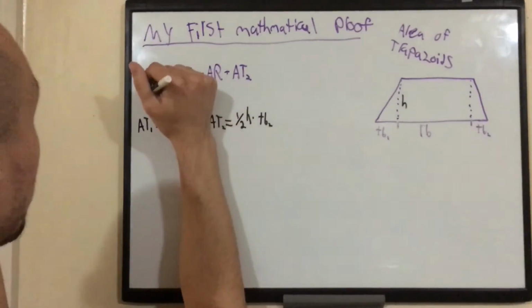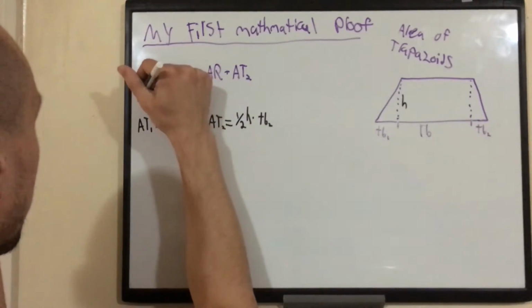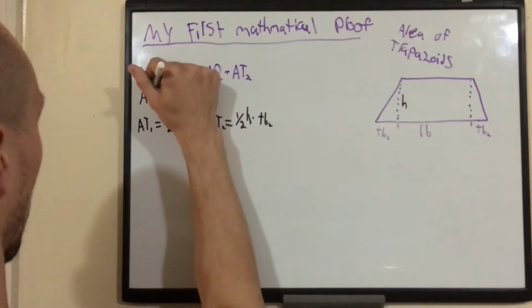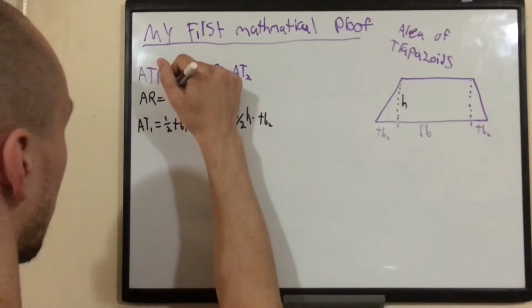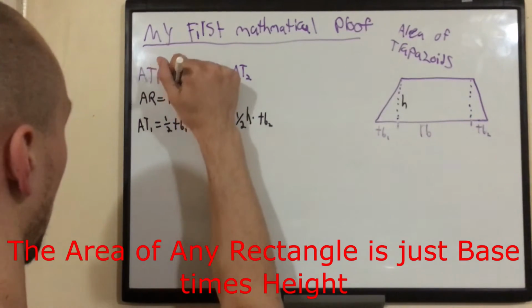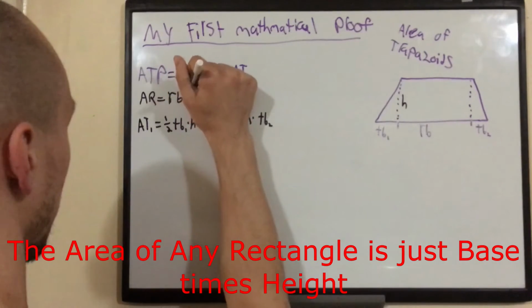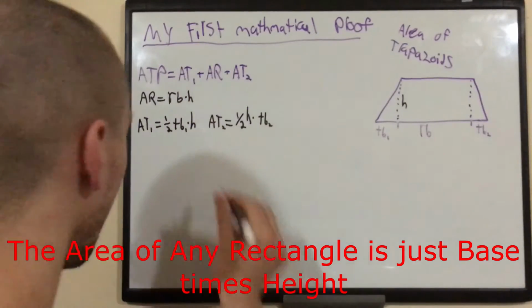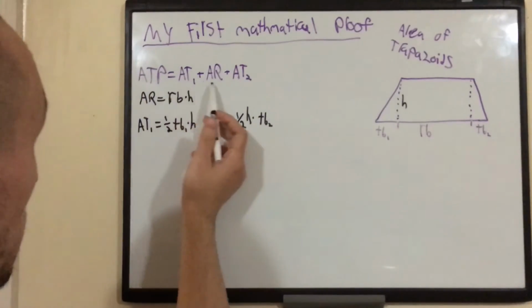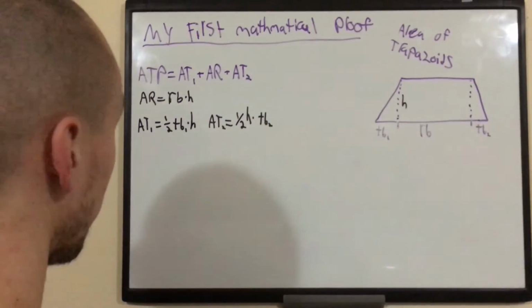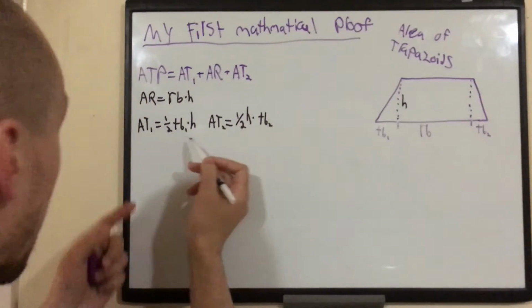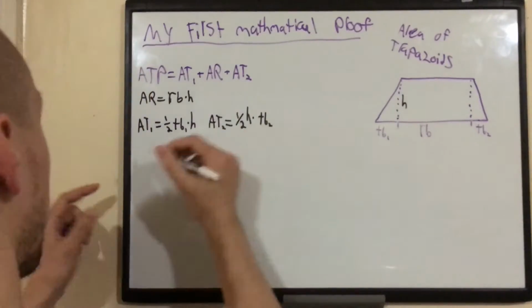How about this, up here? Perfect, right? So AR, I'm going to say is RB times H. So I know what all of these are. All right, excellent.